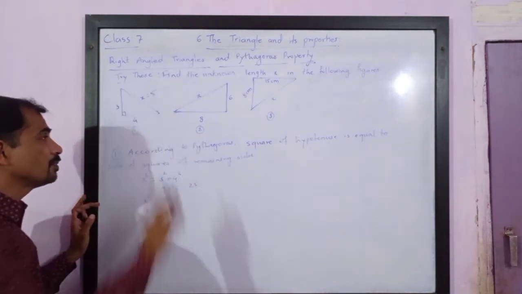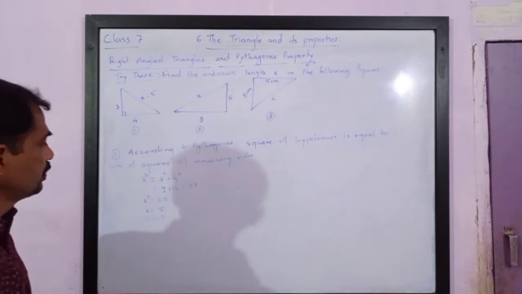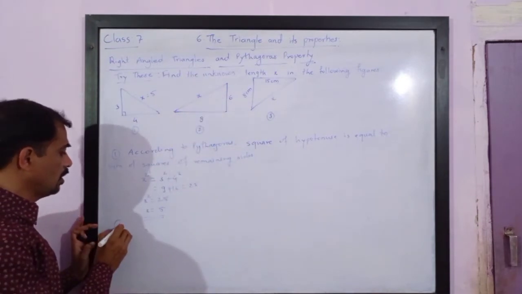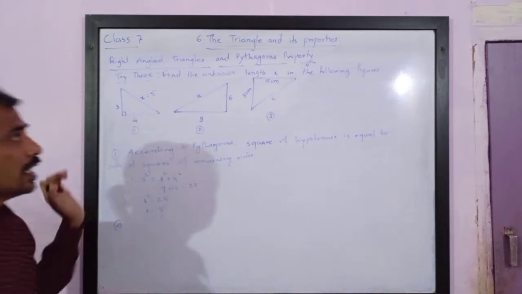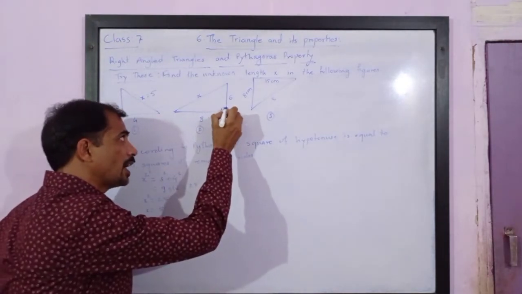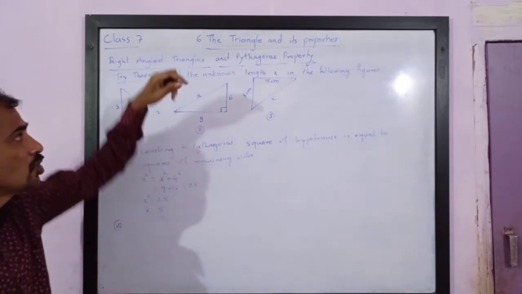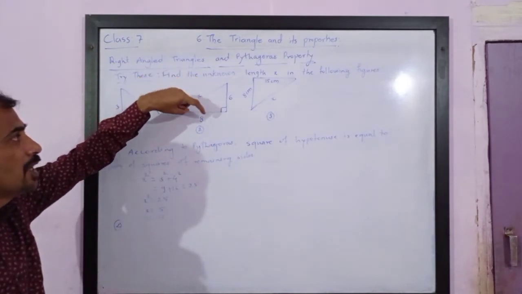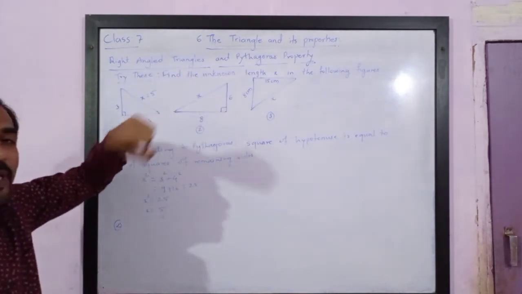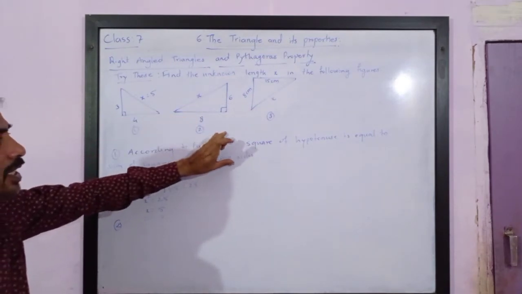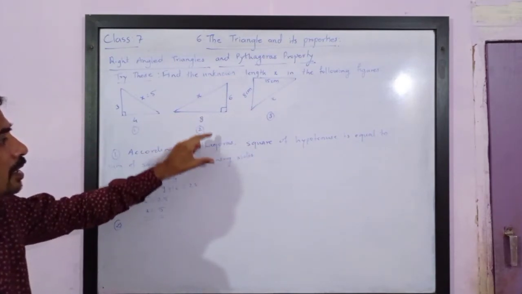You write like this. In the second figure also you will see that one of the angles is a right angle and the side opposite to the right angle is called the hypotenuse. So here x square must be equal to the sum of the squares of the remaining sides. I am not writing the same property again and again, but you have to.